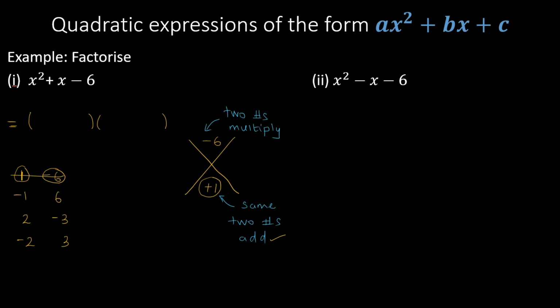The second possibility, negative 1 when you add with 6, does it give positive 1? No, it gives positive 5. The third possibility, 2 when you add with negative 3, does it give positive 1? No, it gives negative 1.